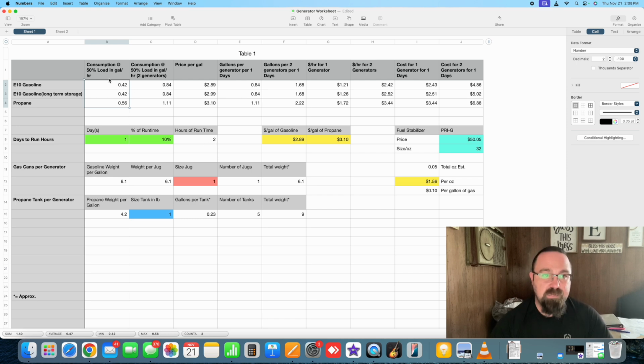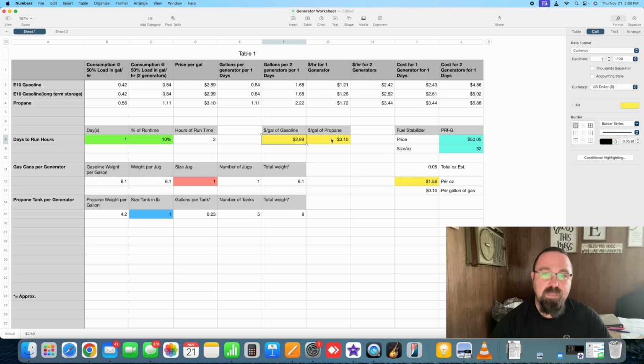So how it breaks down, you put these numbers in for fuel consumption, you add your fuel price per gallon, the types of fuel that you will want to run. I added a line in here for long-term gasoline storage in case we wanted to put the fuel preservative or stabilizer in it.